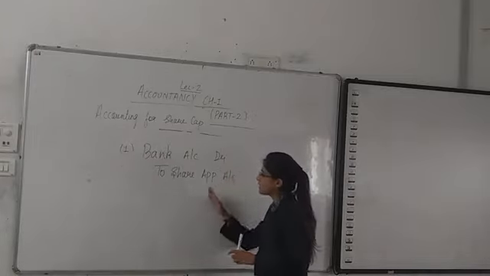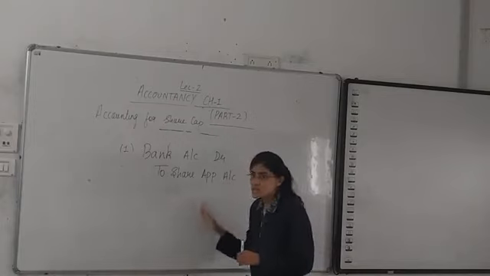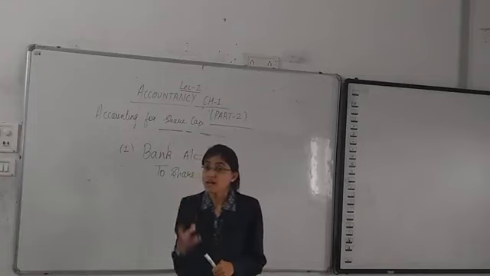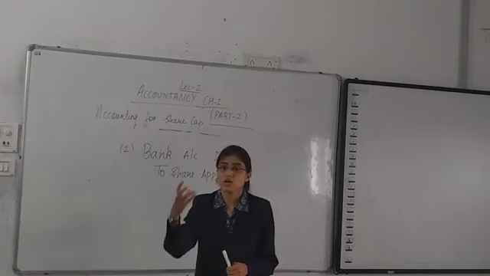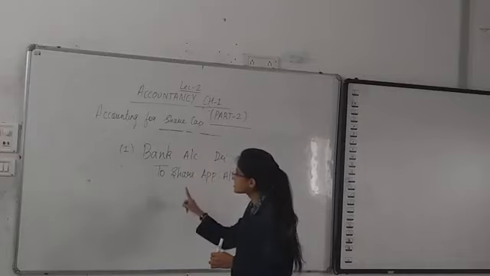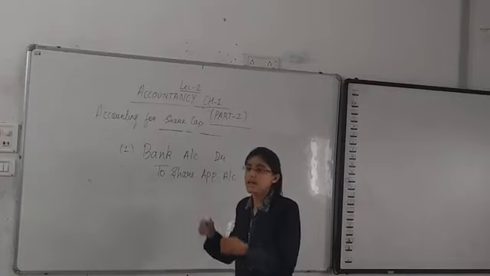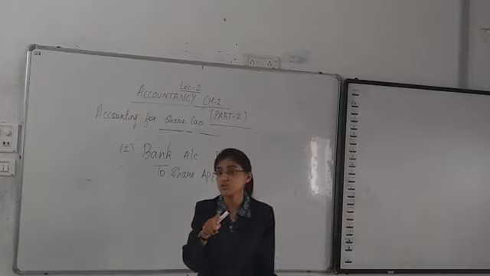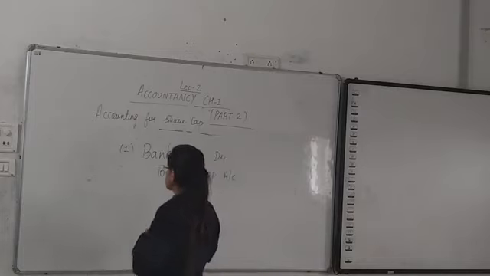Then, this application money is for the shares issued. Why does the company issue shares? For collection of capital, for raising capital. So this is the money of share capital and hence the amount of application needs to be transferred to share capital account.